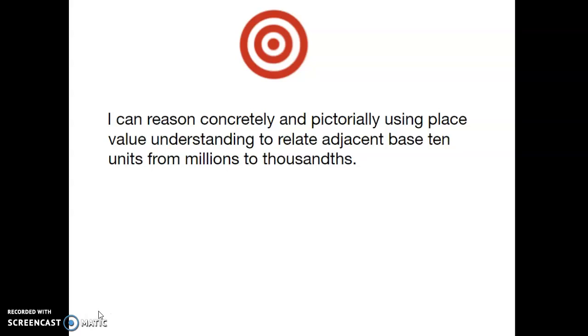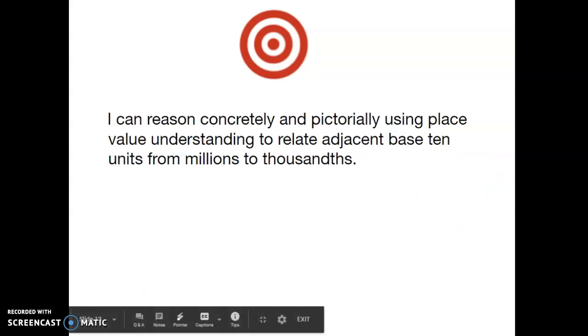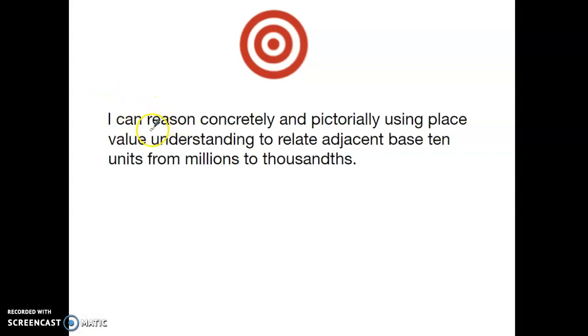So we have base 10 units, which is tens, hundreds, thousands. Essentially, our goal is to be able to explain this relationship between base 10 units and numbers that range from the millions to the thousandths place.